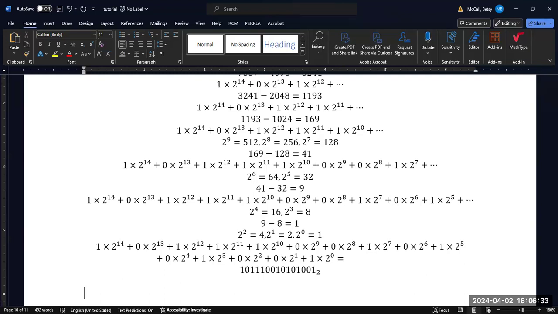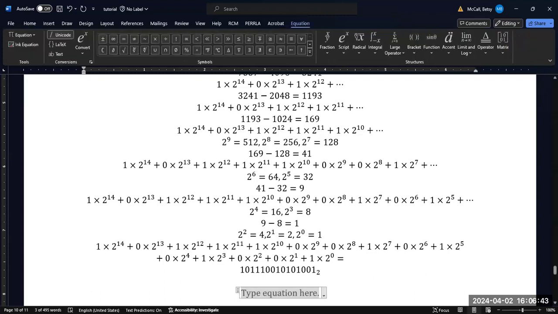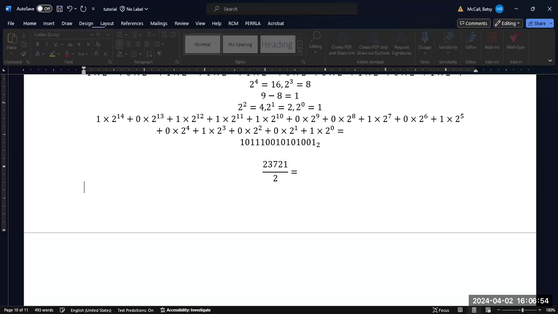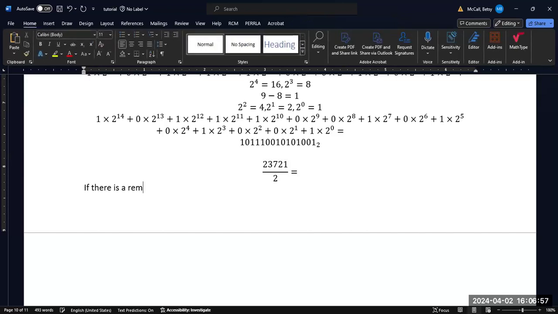So we can do that. Just as an example, again, for binary, it's easier because there's either a remainder or there's not. So if we start with the number 23,721 and we just divide by 2, question is there a remainder? If the answer is yes, if there is a remainder, so there's a decimal in the answer, then you keep the whole number and put a 1 in the digit on the right.